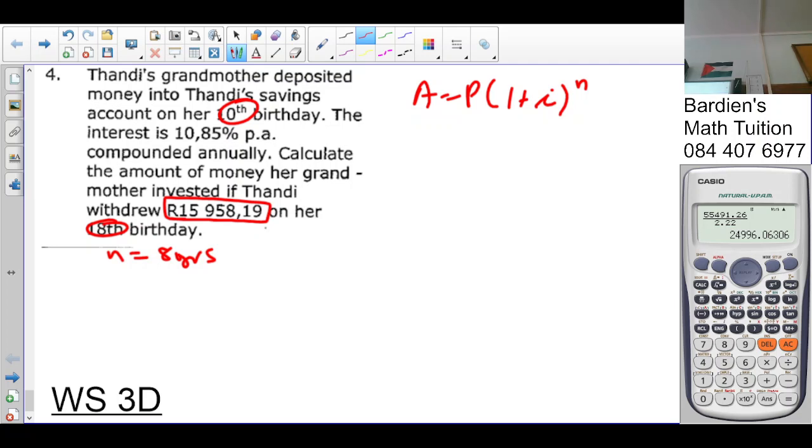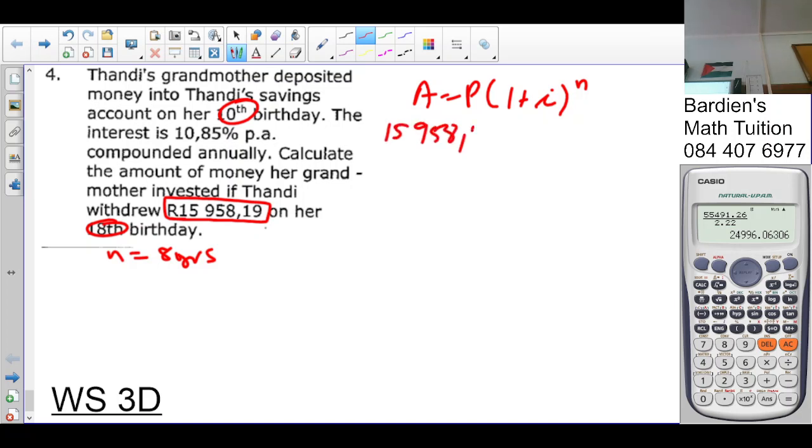P is the starting value, the present value, the principal, the original amount. So was the original amount given? No. That is why P is unknown. You understand? And if she withdraws this money from the account after 8 years, then that is your A value. Makes sense?